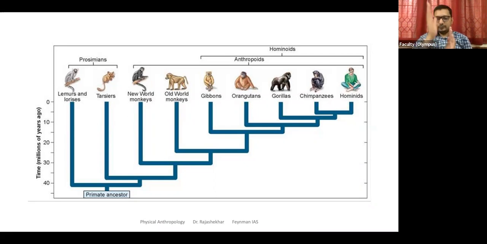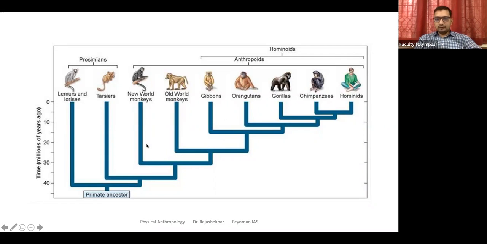Then you branch out. Those that branch out first are the ones which probably formed earlier. The first branch refers to the timeline; they branched out very early on. Approximately 4 crore years, that is 40 million years ago, the primates probably originated like this, where lemurs and lorises were there, and then tarsiers.